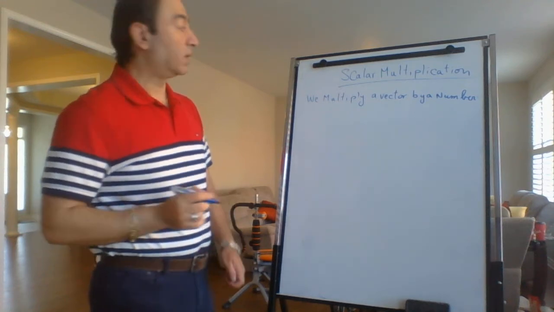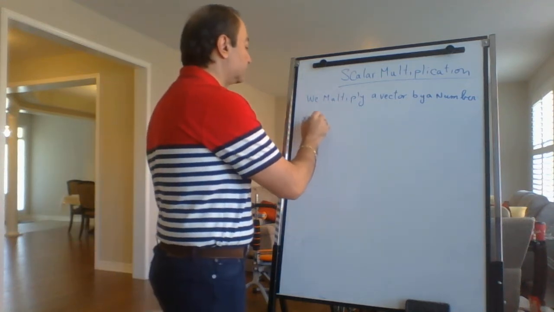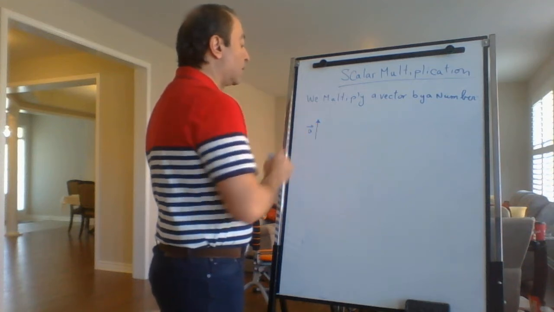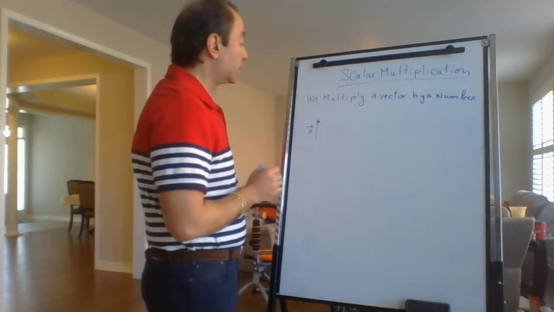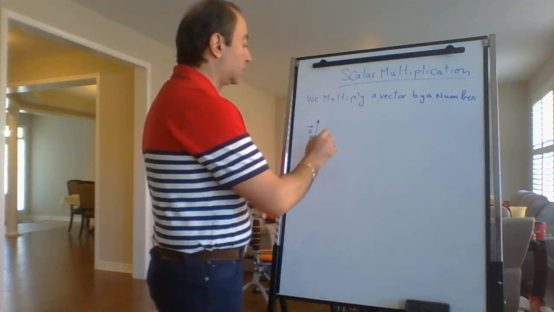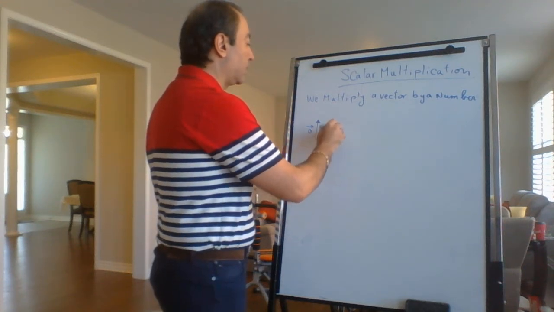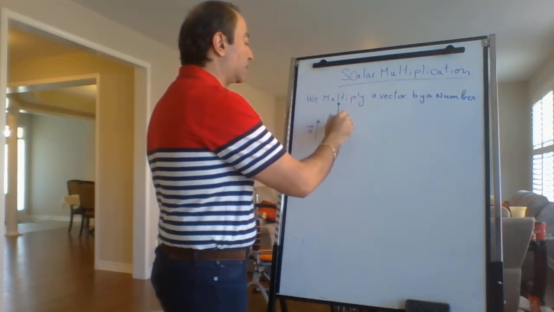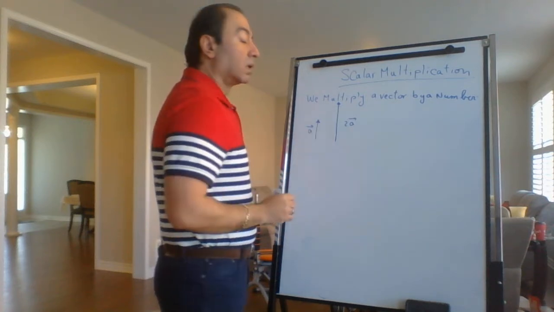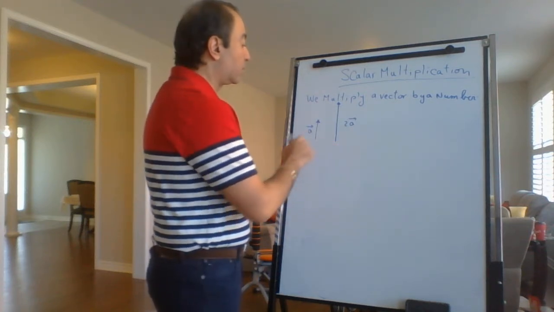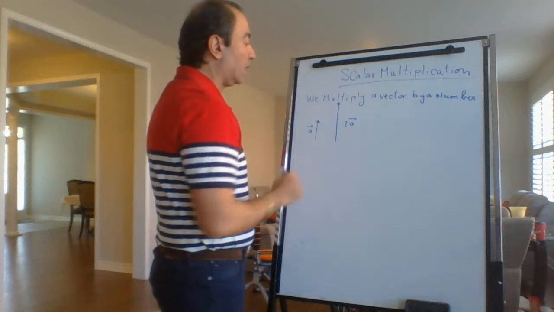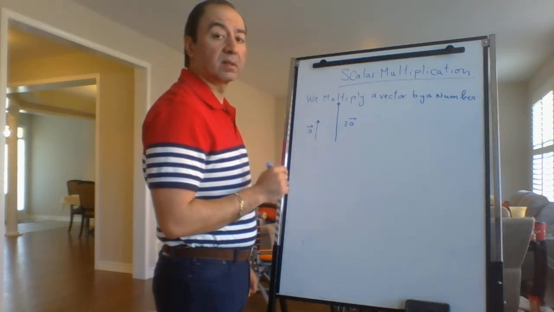So if I have vector A and I multiply it by 2, what we're going to have is vector 2A. It is a vector parallel to A and double the size.